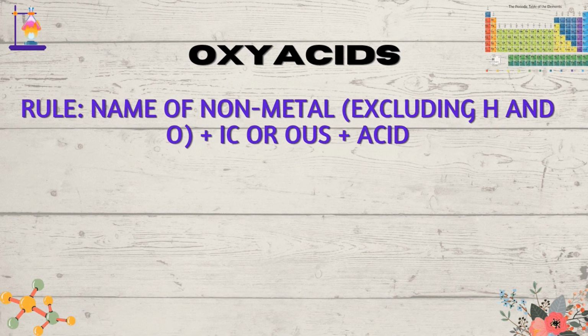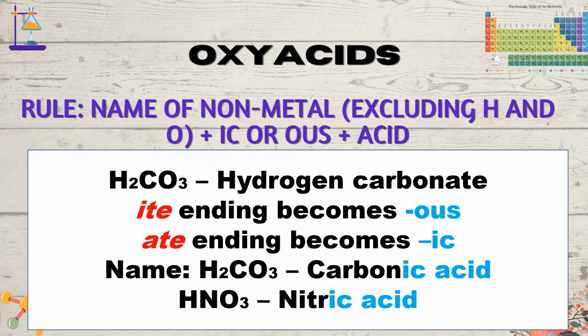Okay, moving on to oxyacid. Our rule: name of non-metal excluding hydrogen and oxygen plus IC or OUS plus the word acid. So, our example, H2CO3. Again, recalling your rule in writing correct chemical formula. H is positive 1 since it belongs to family 1.